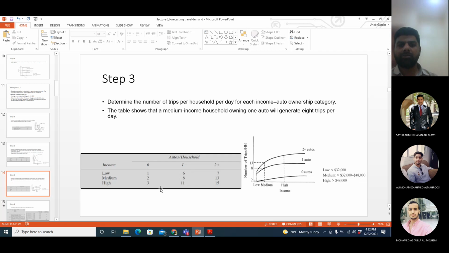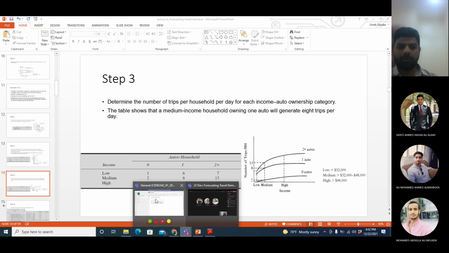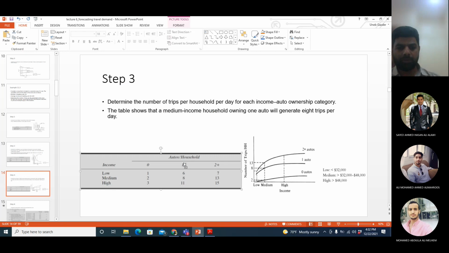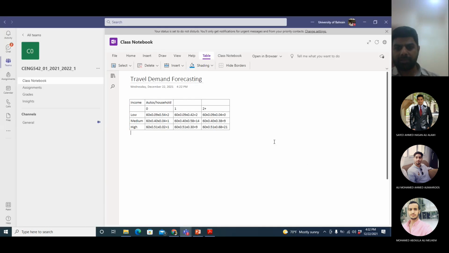Now if you want to find out the number of trips for the entire area, this is the average for each category, and we have already found how many households for each category I have. Now let me take the matrix from here and paste it here so it's easier for calculation.